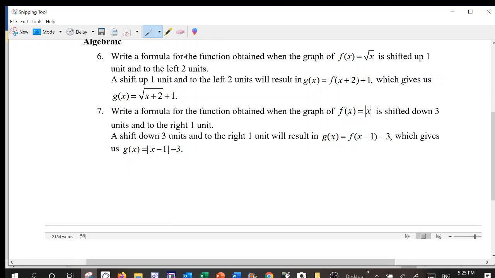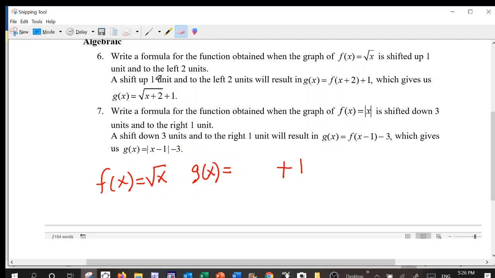So it says write a formula for the function obtained when the graph of f of x equals square root of x is shifted up 1 unit and to the left 2 units. So we know the original function is square root of x, and this new function we want to shift up 1 unit and to the left 2 units. Shifted up 1 unit, that means I have to add 1 to the right-hand side of this.